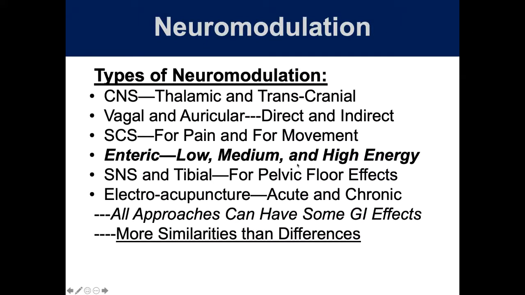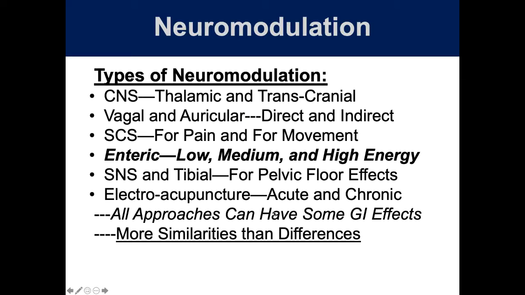There's enteric, which I will talk about, low, medium, and high energy. There's sacral stimulation and tibial stimulation for pelvic floor disorders, which are also done widely here. In fact, so much so that we probably will be eligible as a center of excellence for the International Neuromodulation Society here in Louisville when the criteria get set up. And then there's electroacupuncture, which the anesthesiologists use a lot for chronic nausea and vomiting, and it has acute and chronic effects.